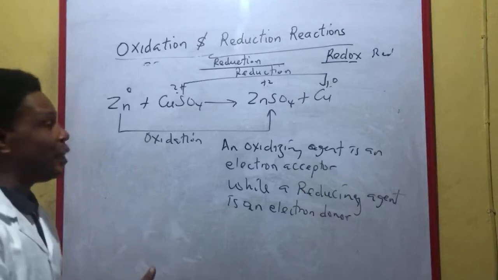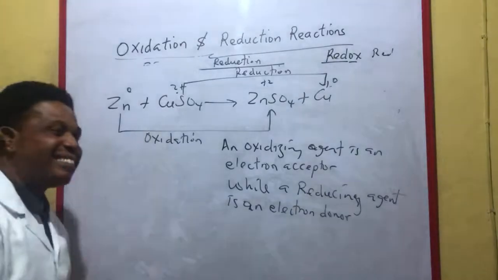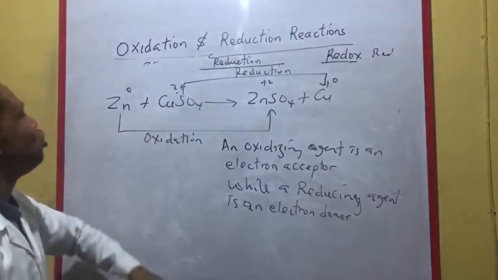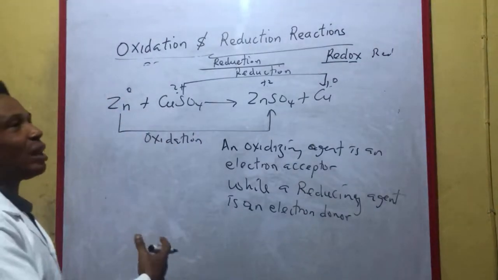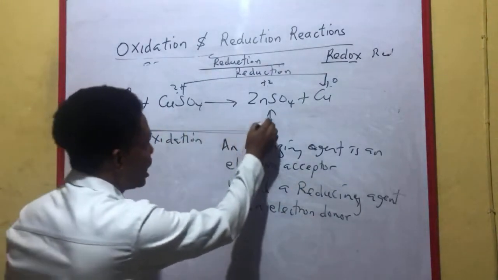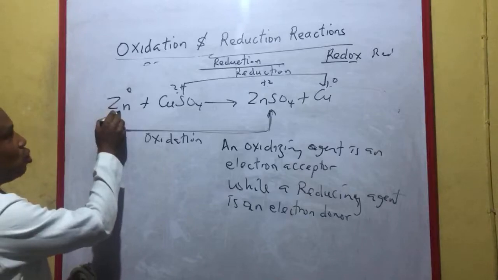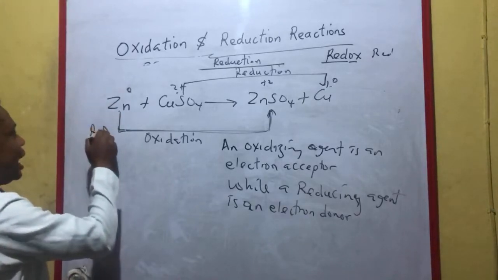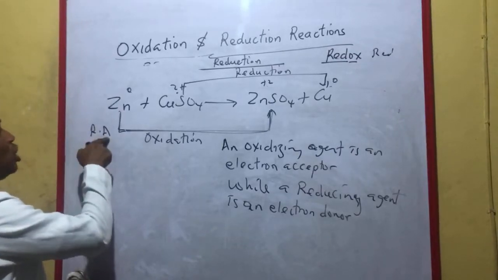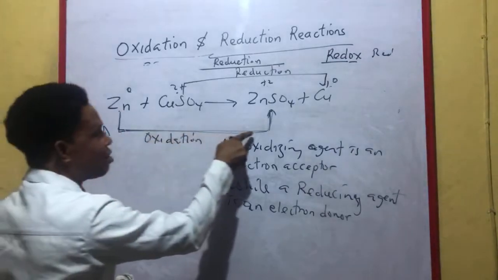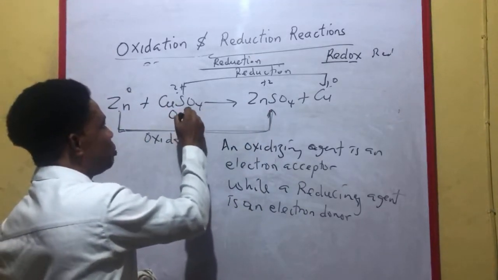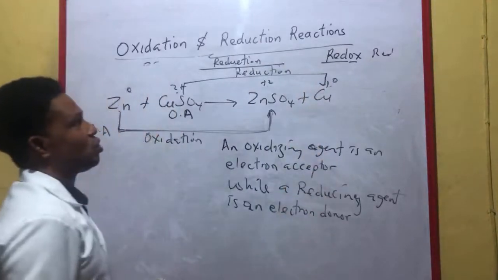Or you can say that an oxidizing agent brings about a reduction process, while a reducing agent brings about an oxidation process. A reducing agent brings about an oxidation process, while an oxidizing agent brings about a reduction process.